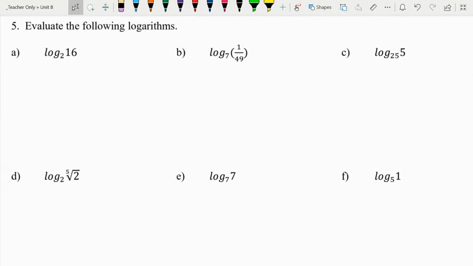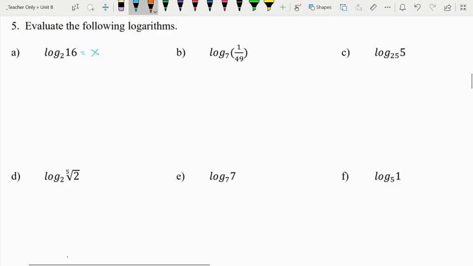The next part that we're going to talk about is evaluating logarithms. When we evaluate it, you can type certain things into your calculator, but in this case, we are going to do it a different way. When we're evaluating it, I want you to think about finding x. So we can rewrite it as an exponent, right?